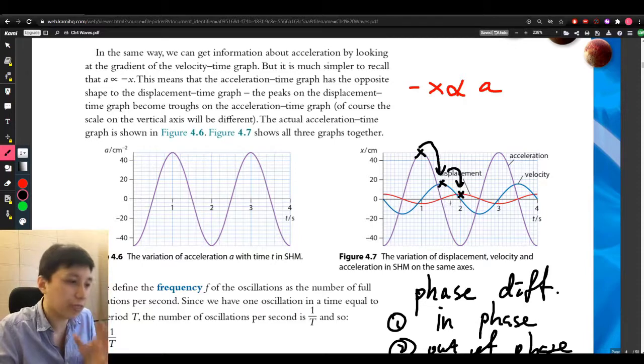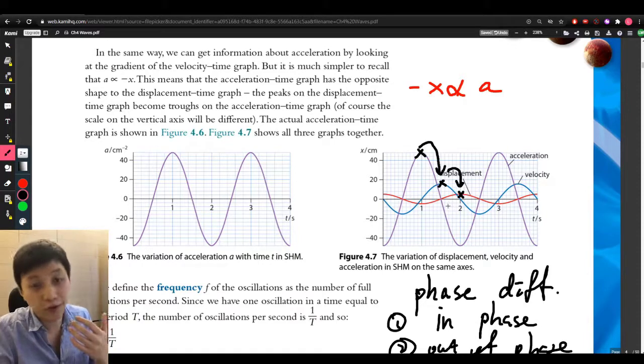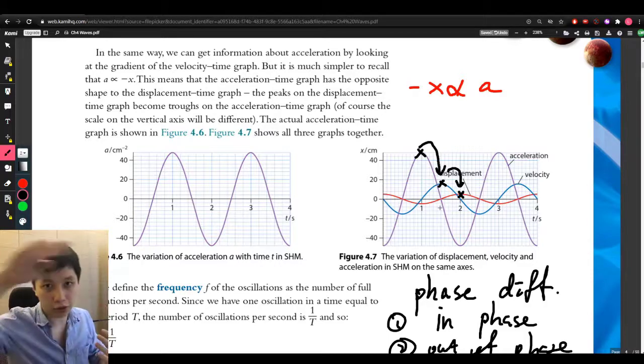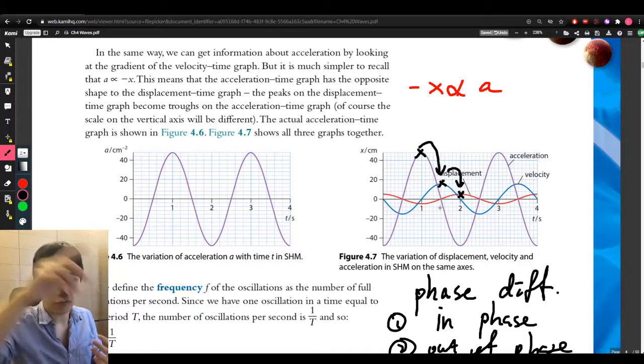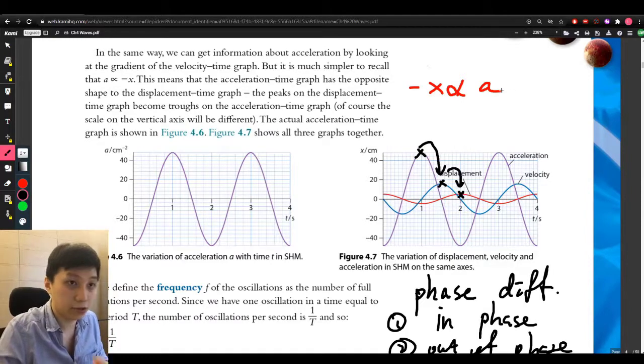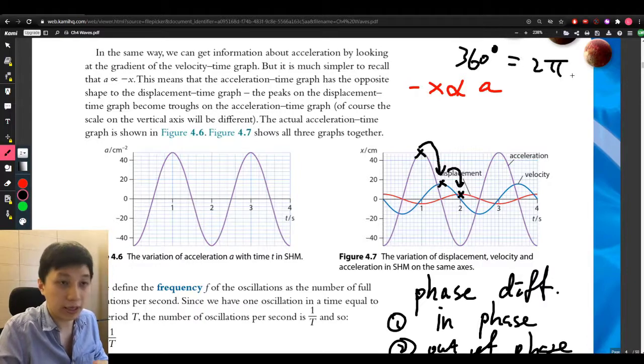All right, and for phase difference, we'll describe it with degree or radian, because if you think about it, the whole cycle is like a circle of life, and a circle is 360 degree or 2 pi in radian. And so what you have to do simply is think about how long it is for one cycle.